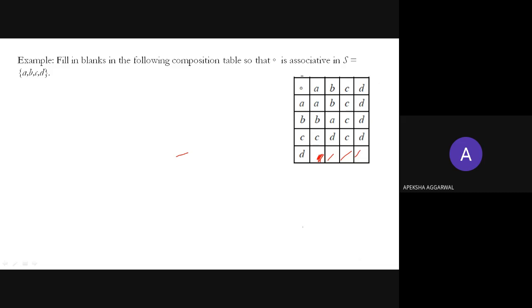What is the value of DOA? How will you find it? This first cell is DOA, right? So how will you find out?